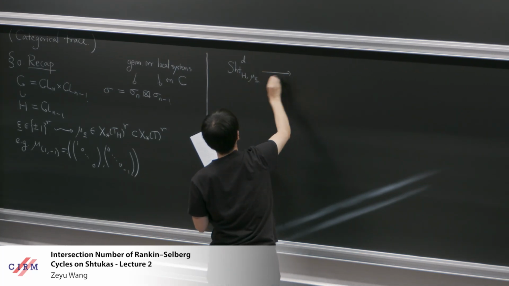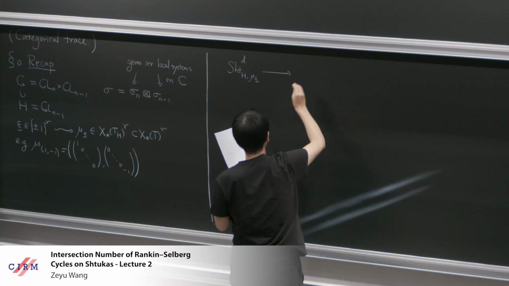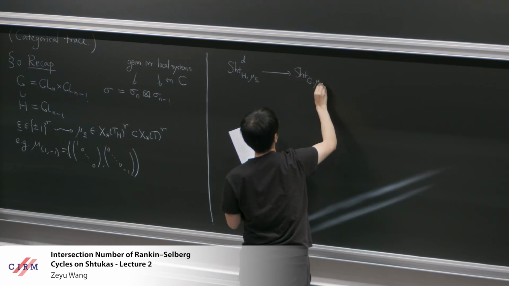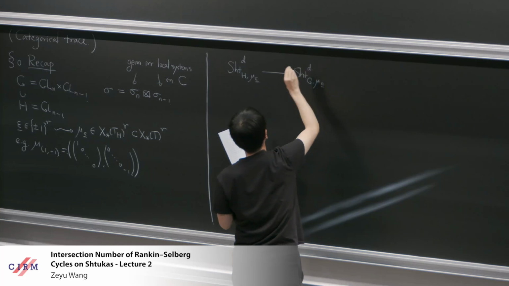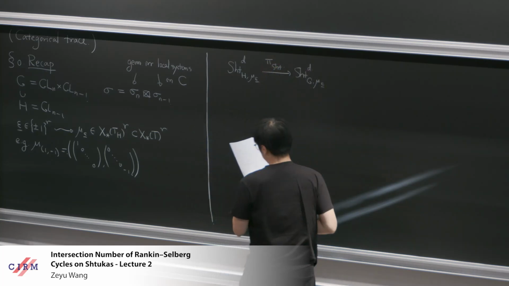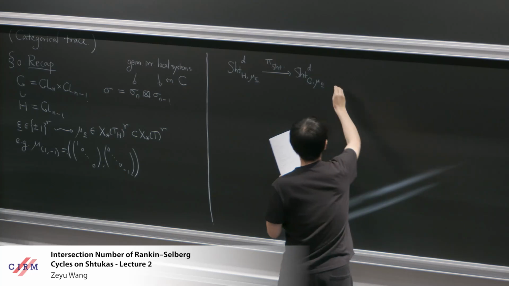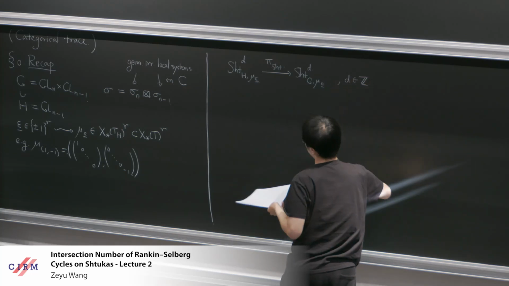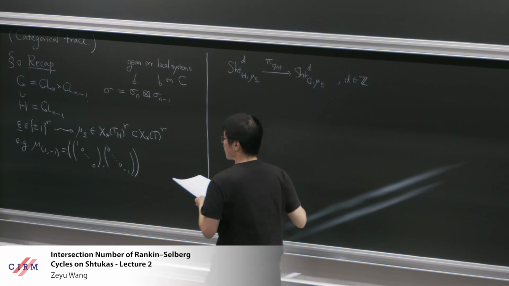So you have this moduli space Sht_H^d, and it maps to this Sht_G^d, and let me call this map pi_Shtuka. And of course, here d is any integer, and it's indexing the.